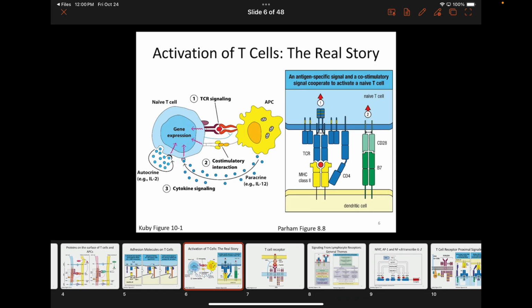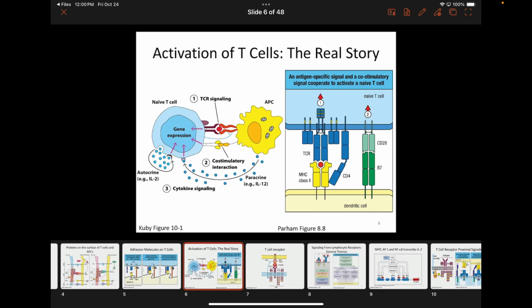There is the signal that comes from the T cell receptor, which you can see here, that is often referred to as signal 1. And I'm going to talk about signal 1 a lot. You can also see that there is an additional signal called signal 2 that involves some other types of proteins.